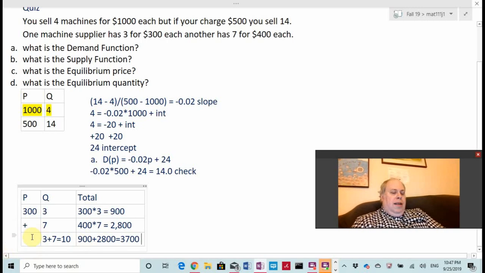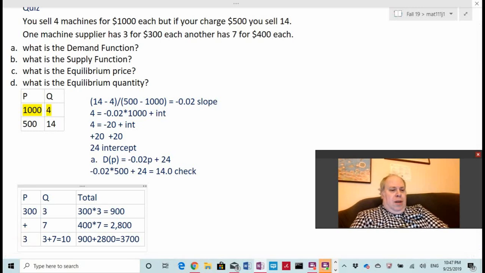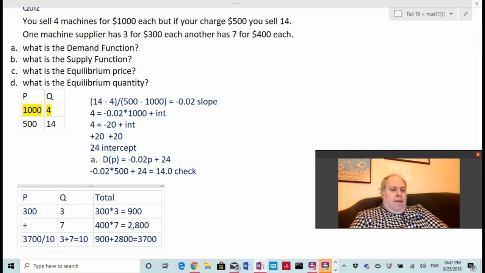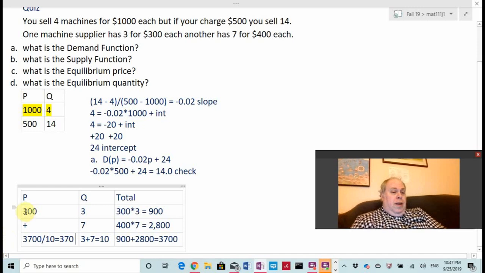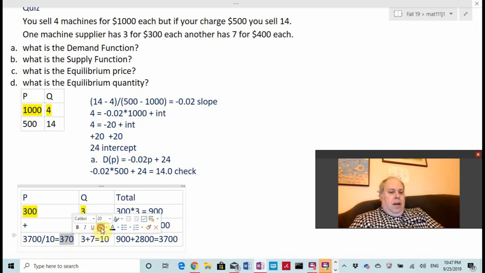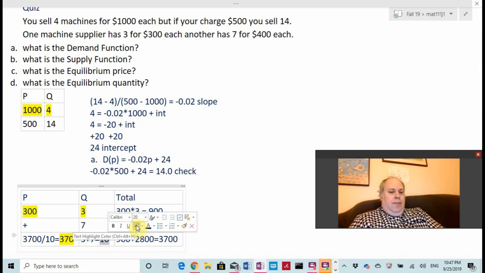So the price per machine, since we spent $3,700 on 10 machines, will obviously be $370. So here are our first price and quantity, and then the other price will be $370, and the other quantity will be 10.